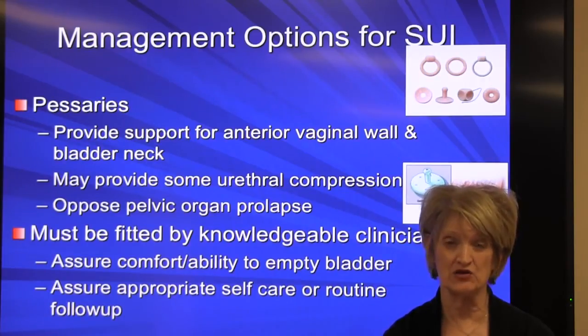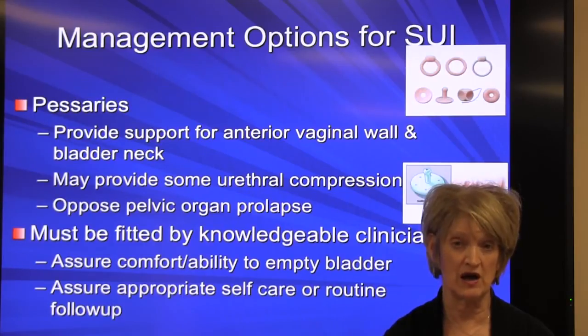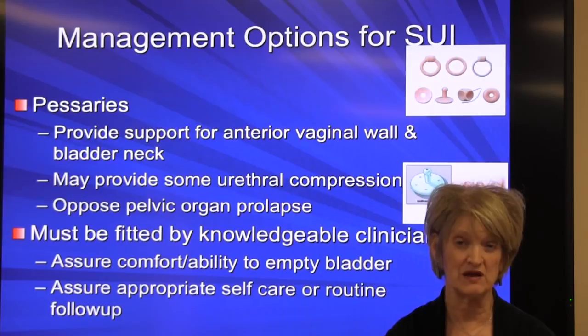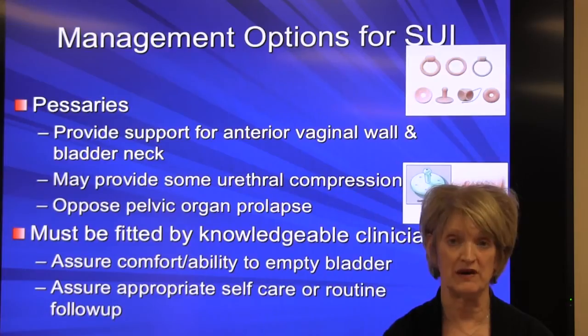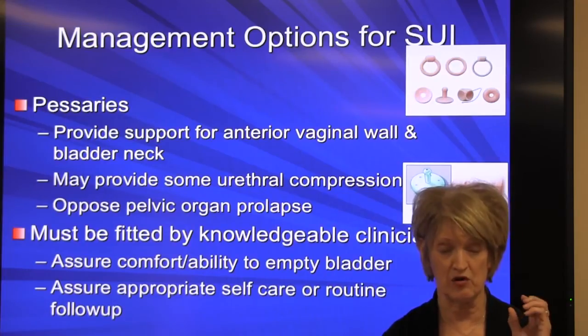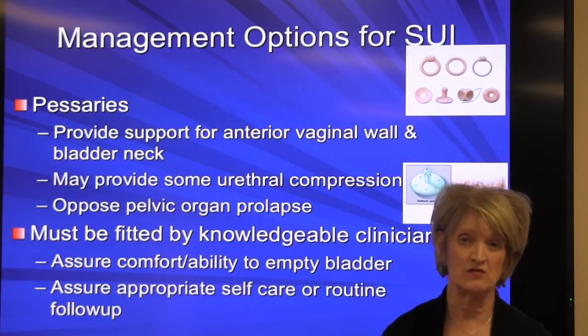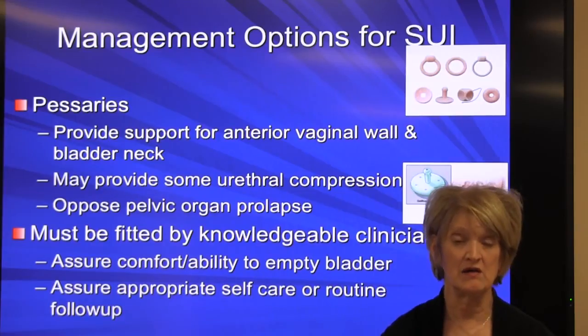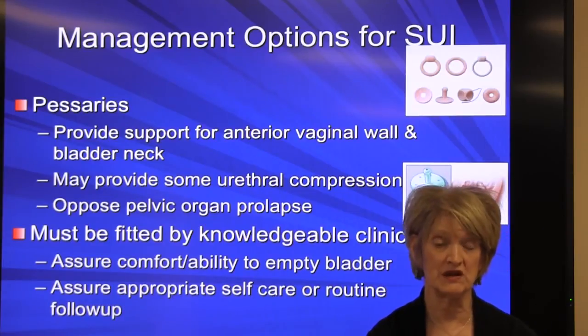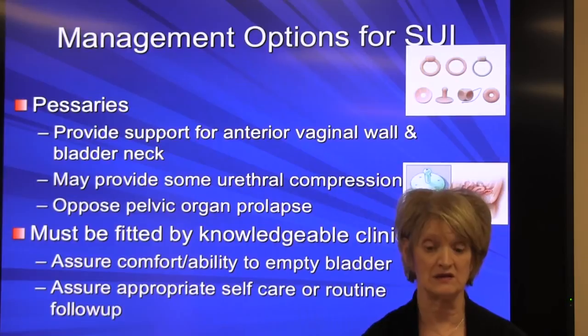Most commonly, pessaries are used for women who have a combination of incontinence and prolapse, or women who have prolapse and impaired emptying. So prolapse is a big reason for use of pessaries. So prolapse with incontinence, prolapse with retention, but pessaries can also be used for incontinence alone.